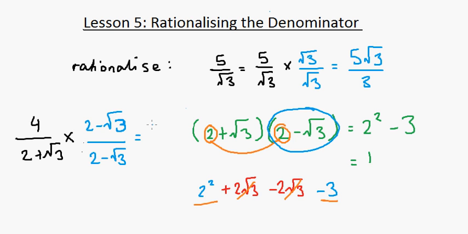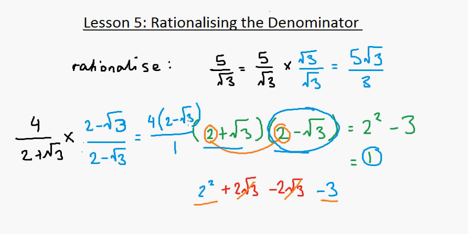This equals 4 lots of 2 minus root 3, and because we know that this times this equals 1, we can just put it over 1. And when we put a number as a fraction over 1, it's just the numerator, because when 1 is the denominator, it does not count.